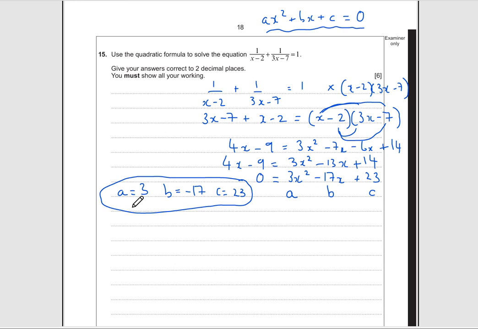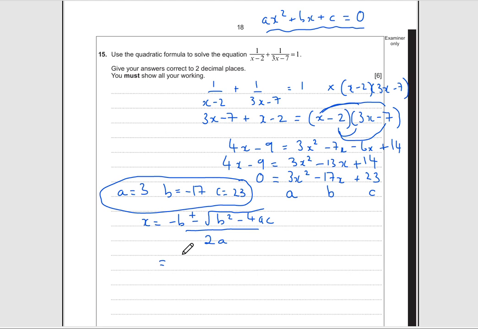And then we need the quadratic formula. So on your formula sheet at the front, you've got your quadratic formula, so let's write it out. That's minus b plus or minus the square root of b squared minus 4ac all over 2a. So let's substitute these numbers in.